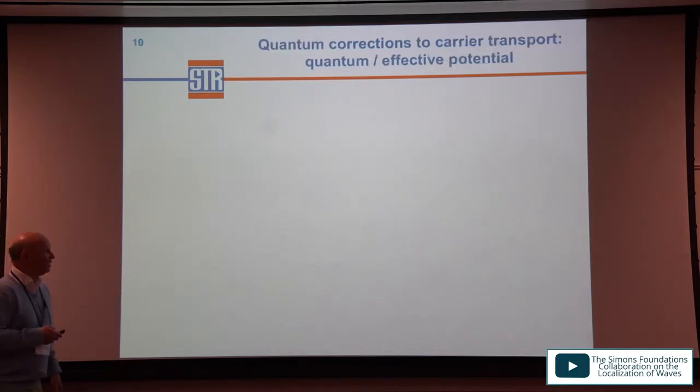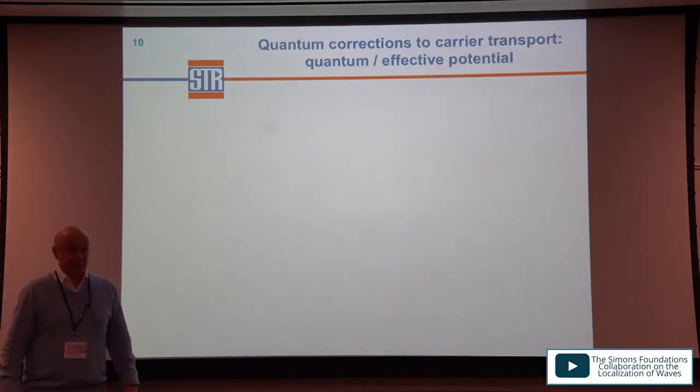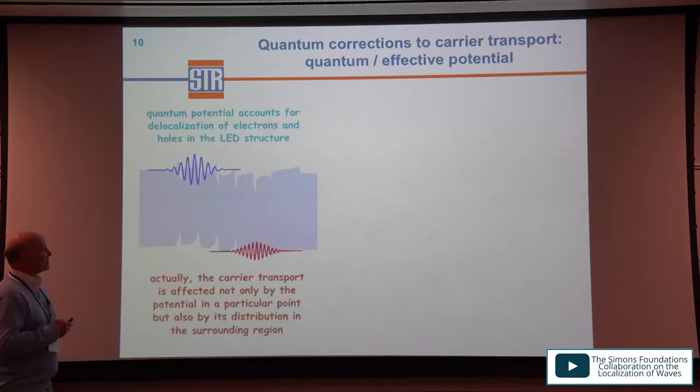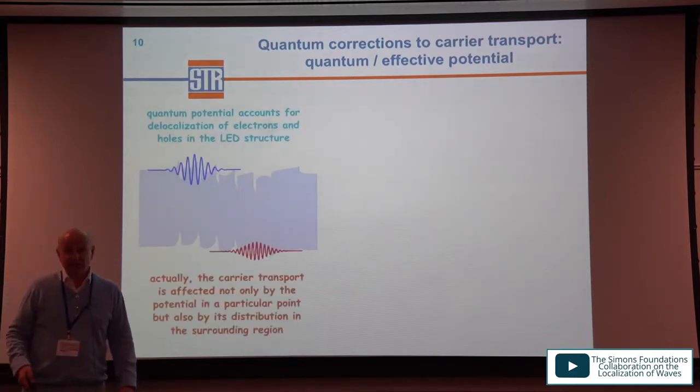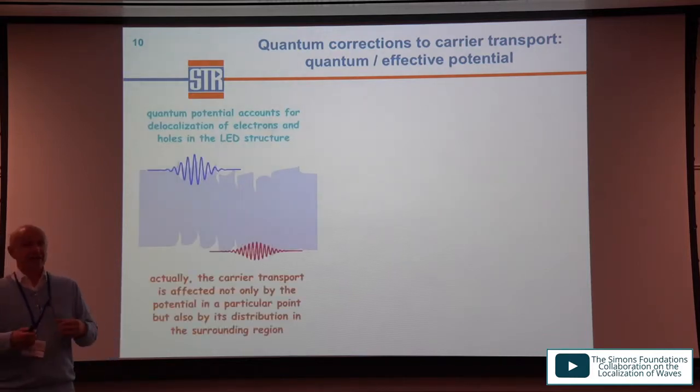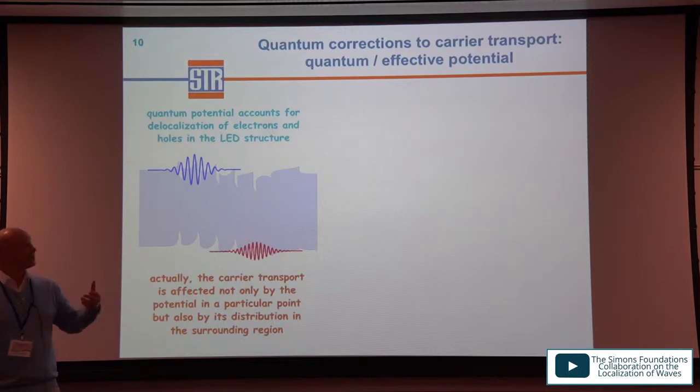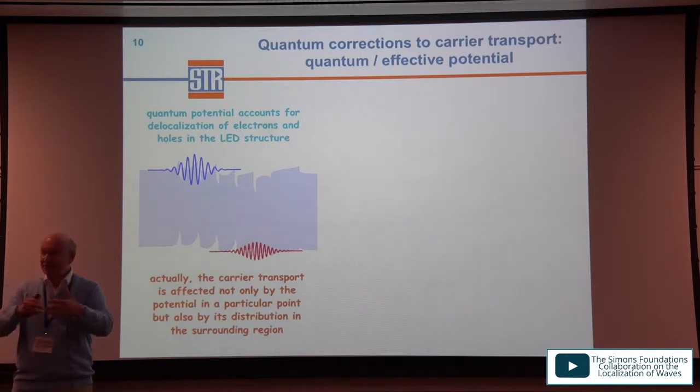What can we do with this? We can try to take into account quantum mechanics. For this purpose, there is an approach which takes into account that electrons are not classical particles. They are delocalized in space. And actually, the electrons start to feel not only the potential energy at a particular point, but in the surrounding region too.